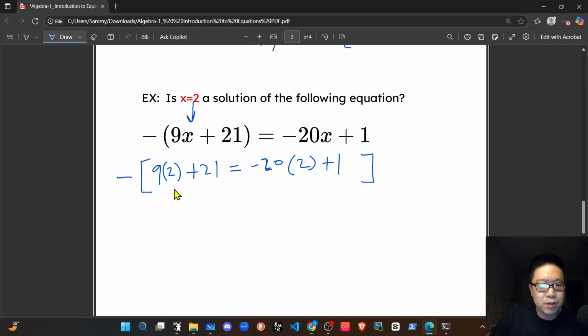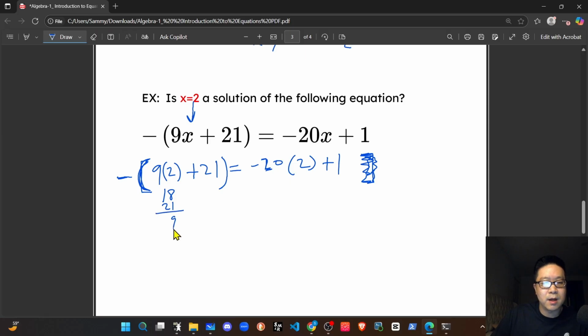Okay, so 9 times 2 is 18. Now, we have to remember that there's a negative sign. So this negative sign, I made a mistake. This negative sign is being applied to the left side only. Okay. So 9 times 2 is 18, plus 21.